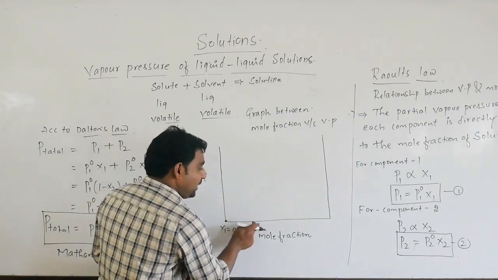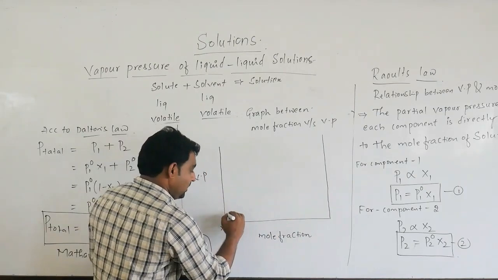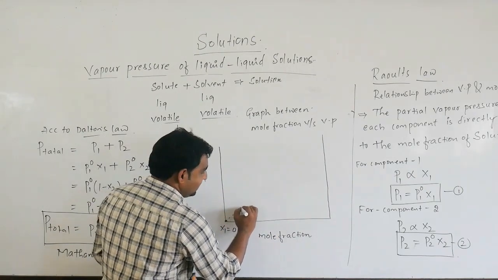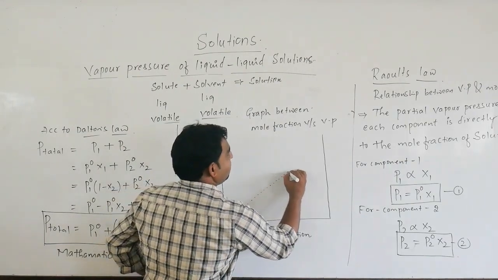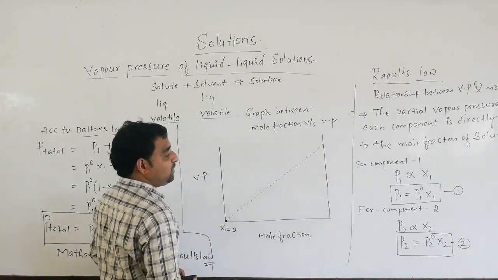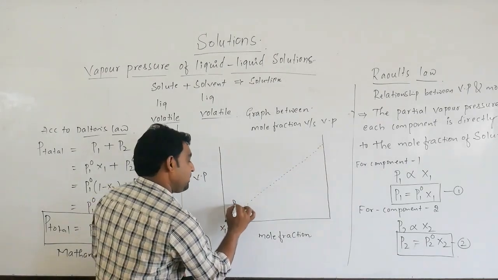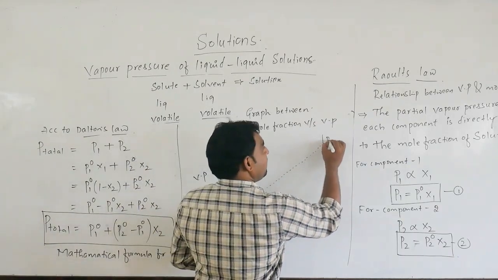When the mole fraction or the number of moles is more, the vapor pressure is also more. Hence we get a straight line. As the mole fraction increases, the vapor pressure of the component also increases. The maximum value of P1 will be P1 naught.